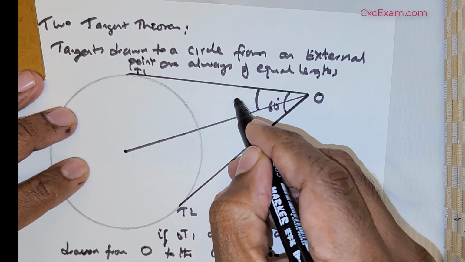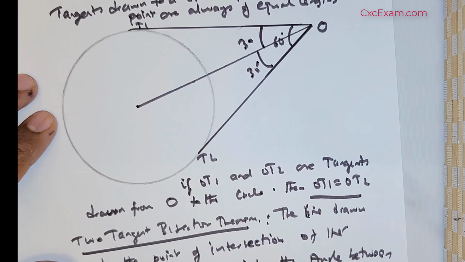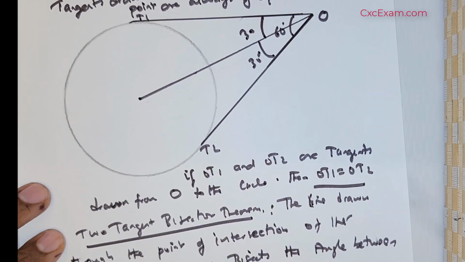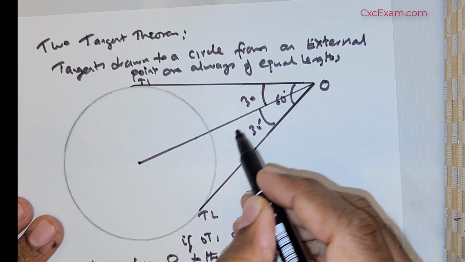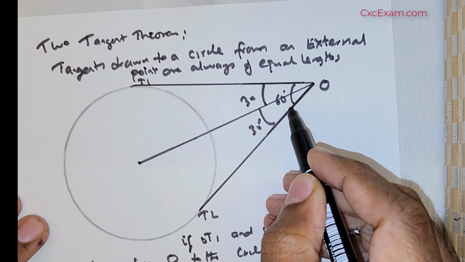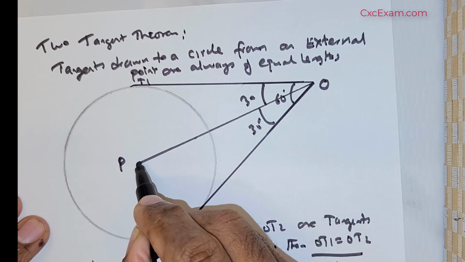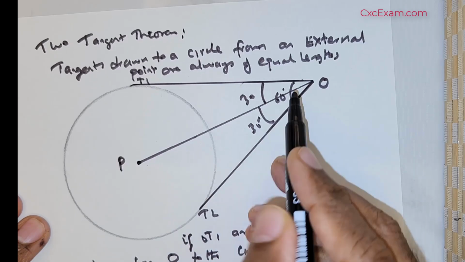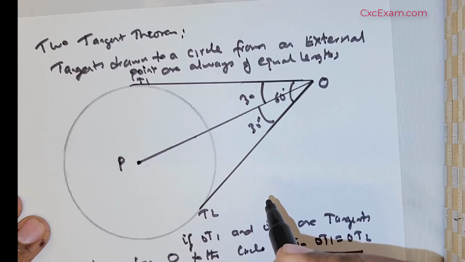That means this is going to be 30 degrees and this is going to be 30 degrees. So that's another important theorem. Now what is more important is that the bisector, apart from bisecting the angle, will always pass through the center. If P is the center of the circle, this line will always pass through the center.